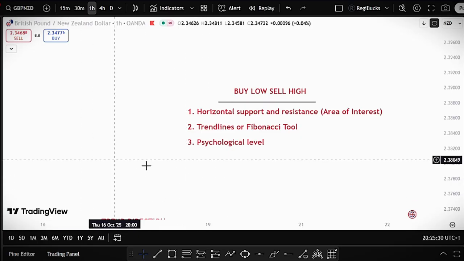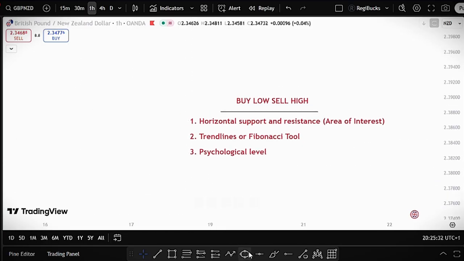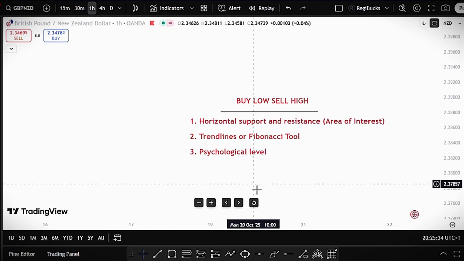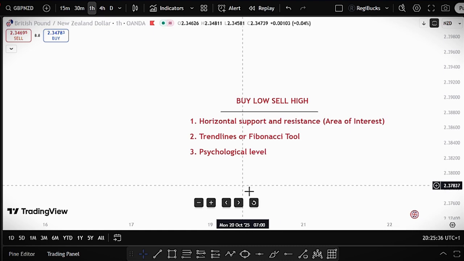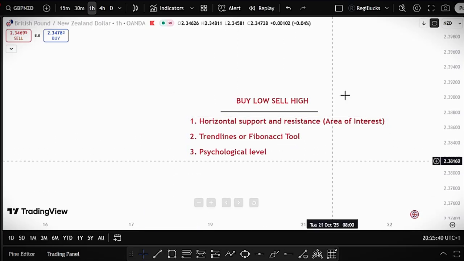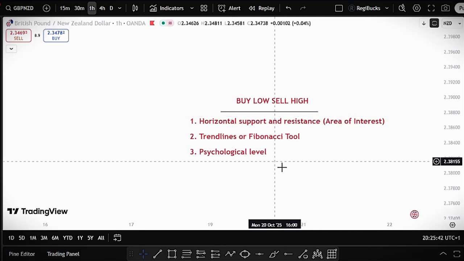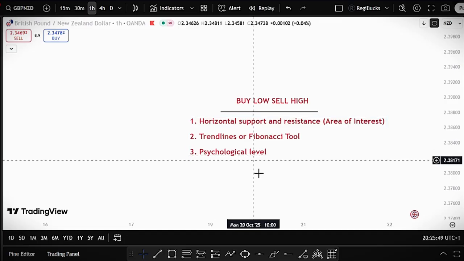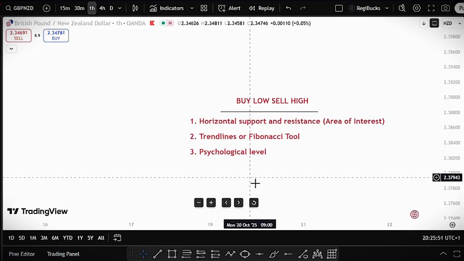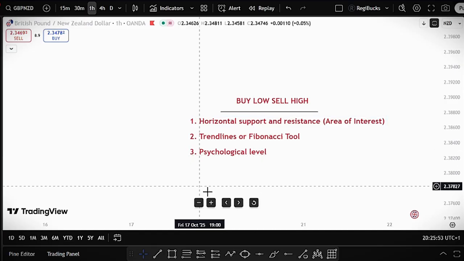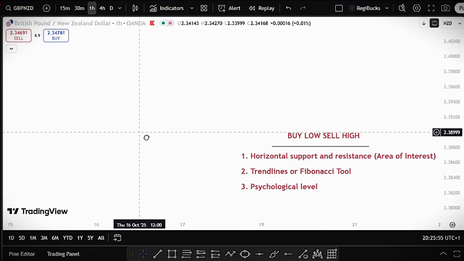So you mostly see that most of the times they are setting the prices at round-off numbers and then they are selling it to you. So that's what psychological level basically means, where there are round-off numbers on the chart where banks and most people with the most amount of money just take profits or enter the market.